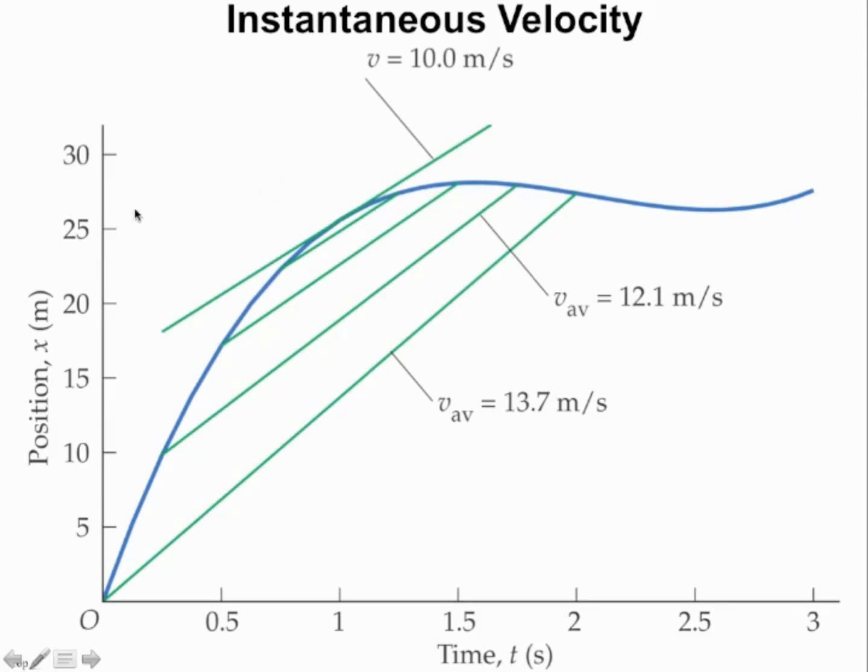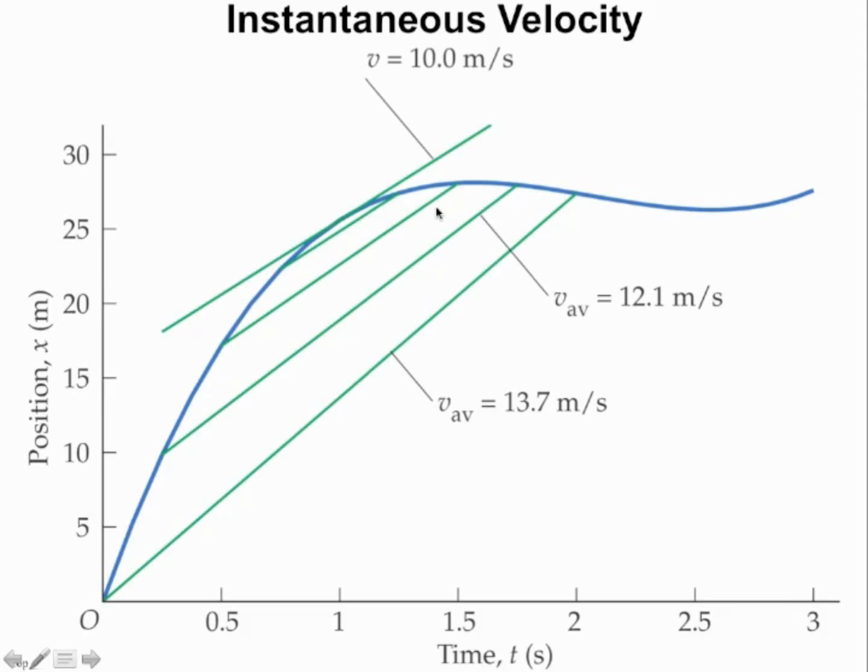So the rise is the difference between 27.5 and 10, and the run is the difference between the ending time, about 1.75, and the beginning time, about 0.25. And so we have an average velocity of 12.1 meters per second. It's close to 13.7, but not exactly, because we've shortened the interval.